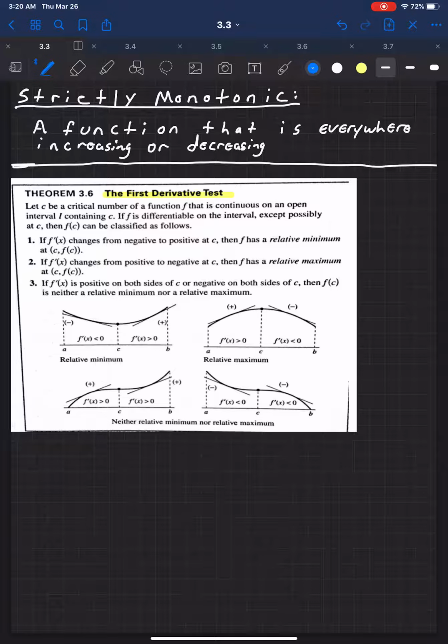Will you agree with me, if you're walking, you're just going for a stroll, if you go from walking downhill to then walking uphill, do you agree with me that there must have been a point where there was a minimum, right?